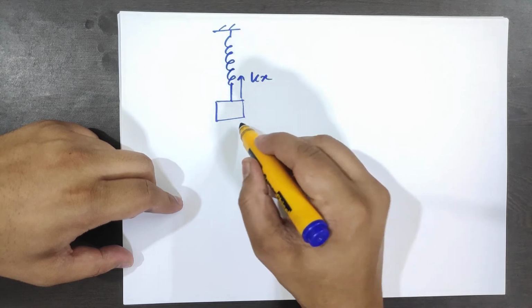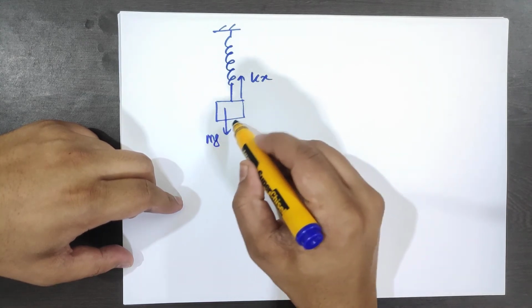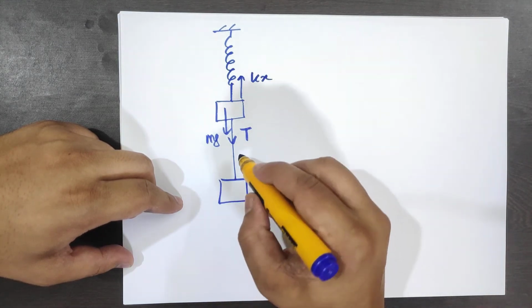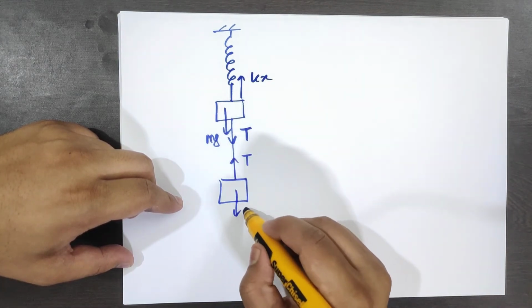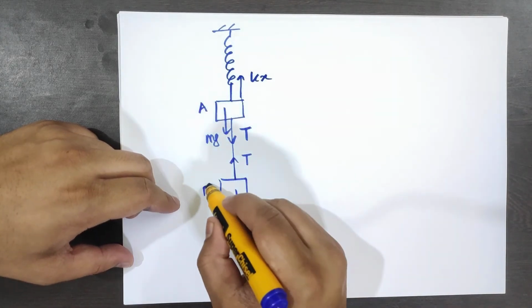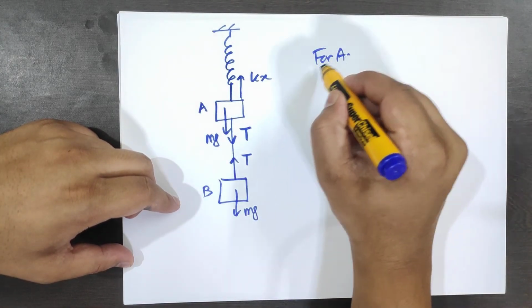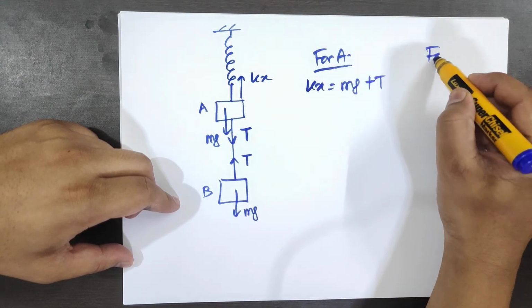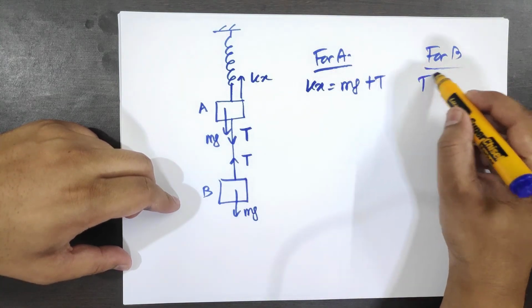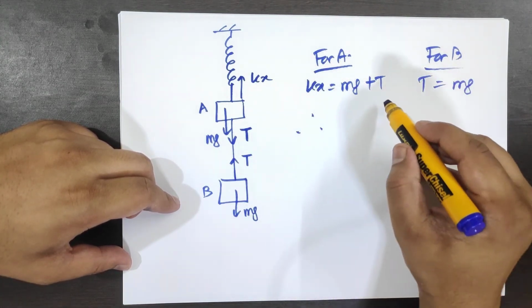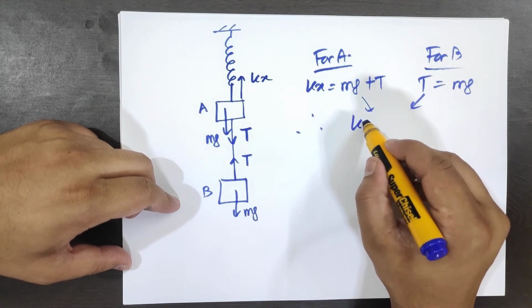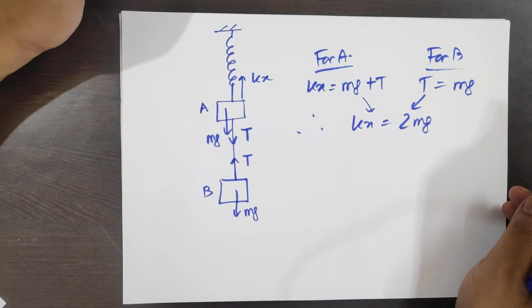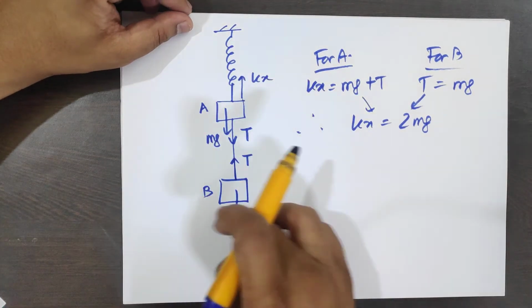This is the spring force kx, this is mg, and this is the tension in the connecting string, and this same tension acts on both block A and block B. So for A, kx equals mg plus T, and for B, T equals mg. Combining the two, kx equals 2mg, the same thing we did by considering the whole thing as a system.